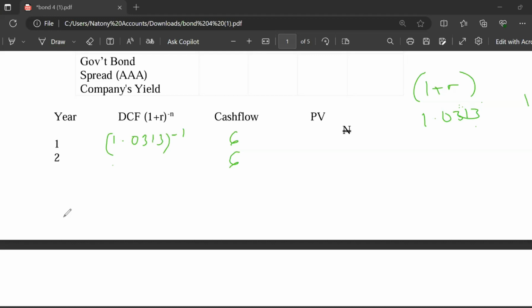Year two will be 1.0374 raised to power minus 2.